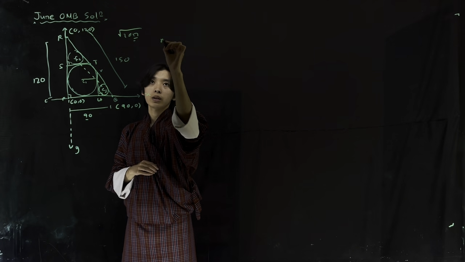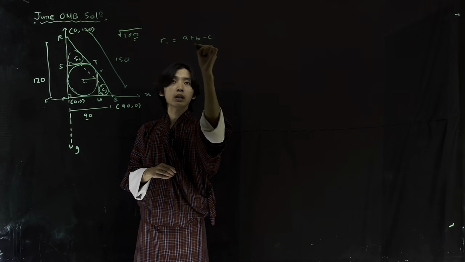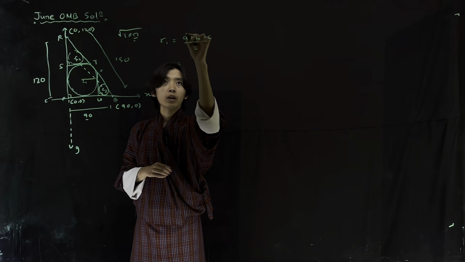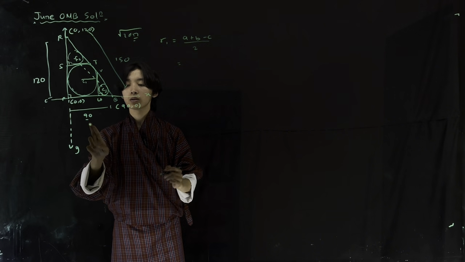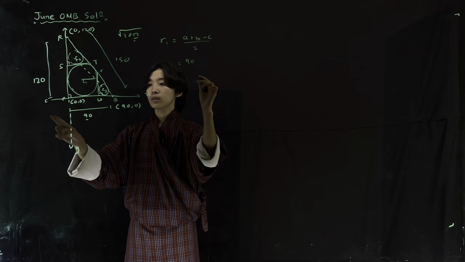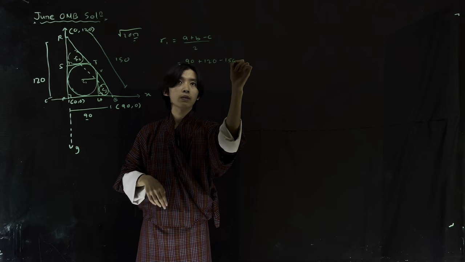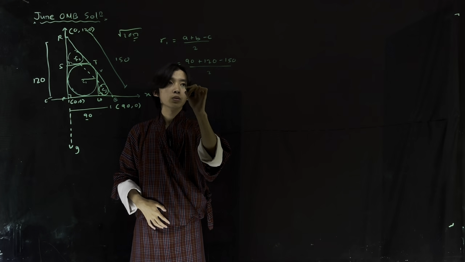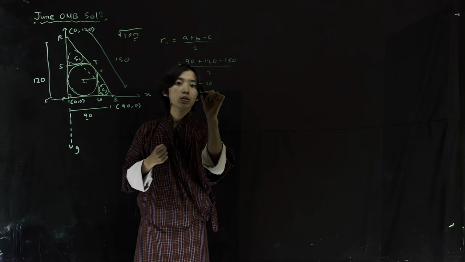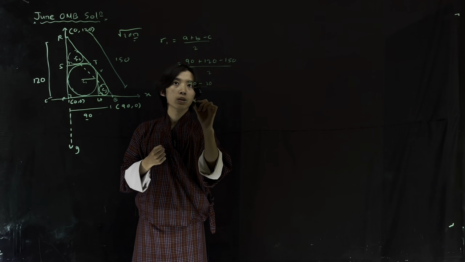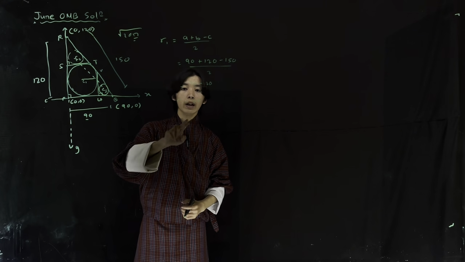Now the formula to calculate an inradius is a plus b minus c divided by 2, where a and b are the two legs of the triangle and c is the hypotenuse. So we add 90 plus 120, subtract 150, and divide by 2. So we get 60 divided by 2, which is 30. So we get the inradius of C1 as 30.